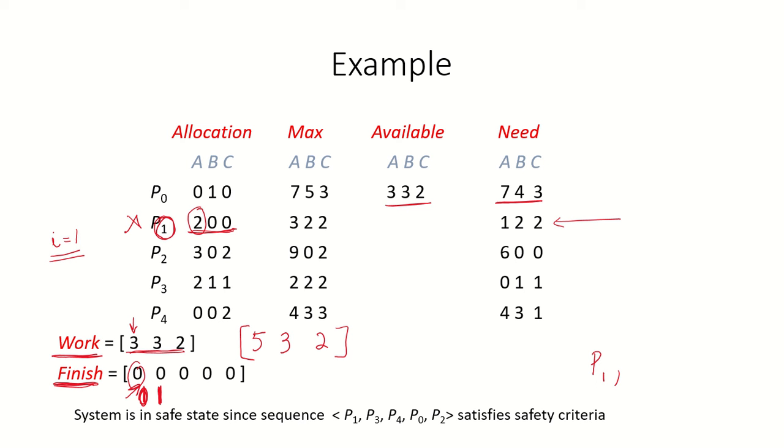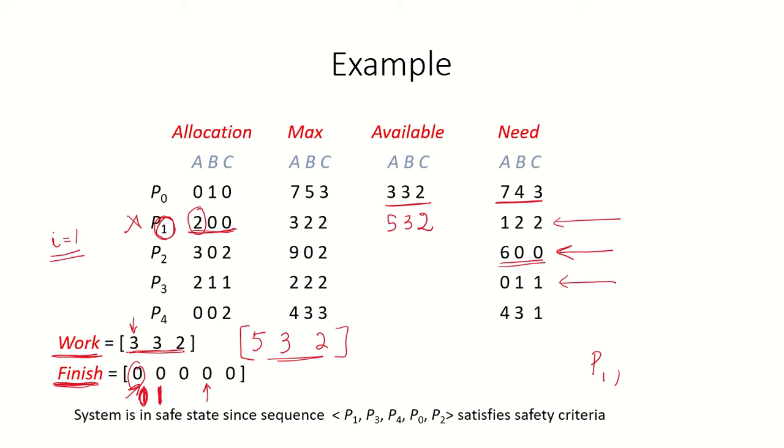Now we go to the next index. We go to i equal to 2. We see whether the need 6 0 0 is less than the work, which is the available, whatever are the available resources. So we find that no, need is not less than available. So we go to the next index. Now i is equal to 3.